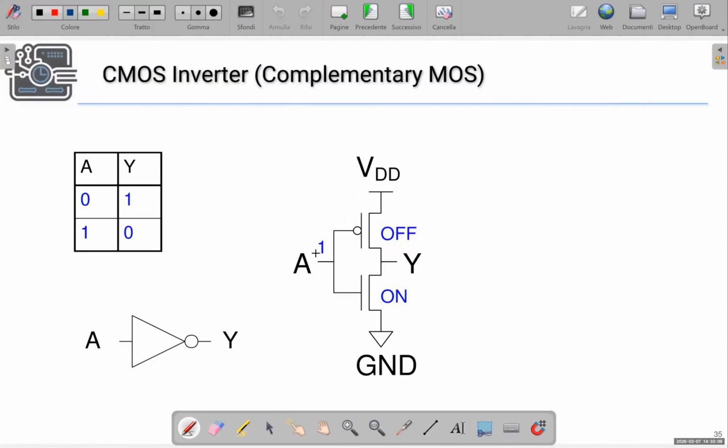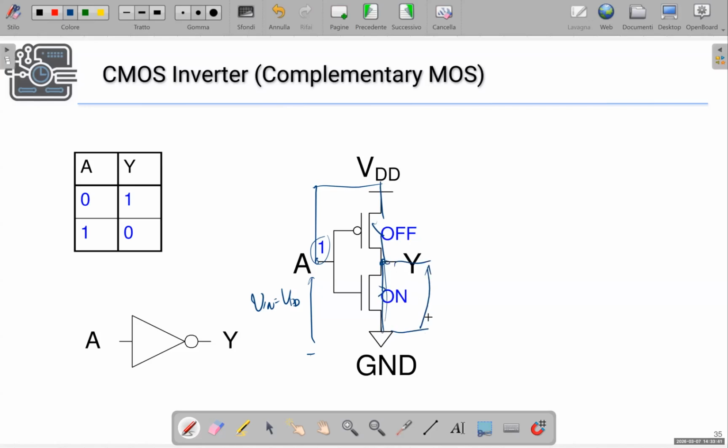On the other hand, when the voltage of the input is high, V in equal to VDD, that corresponds to a high logic level, we have that the PMOS is off, so the output is disconnected from the supply, while the NMOS is on, which connects the output to the ground.